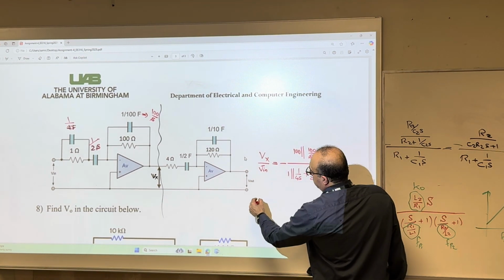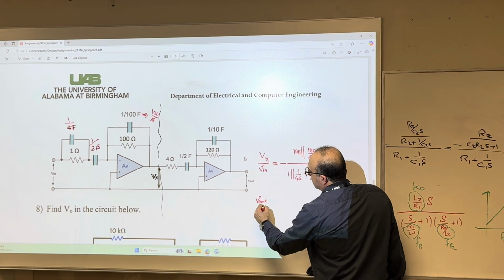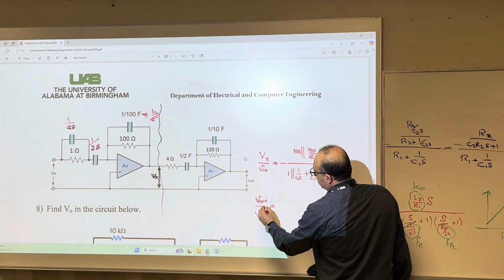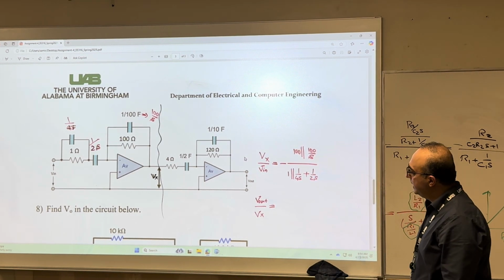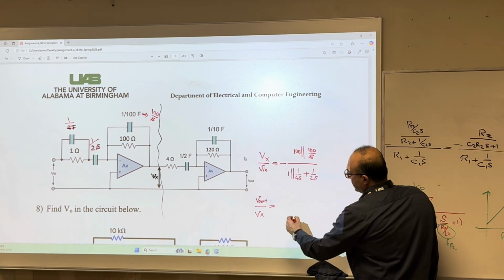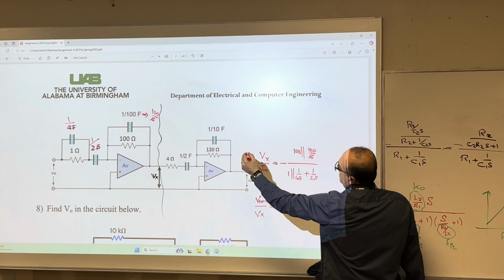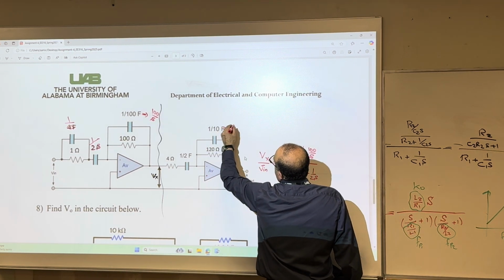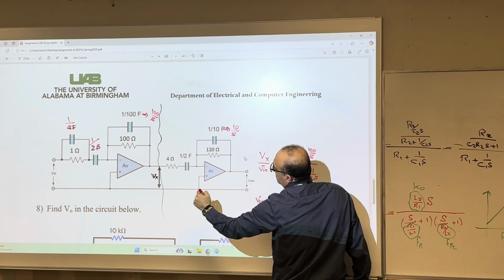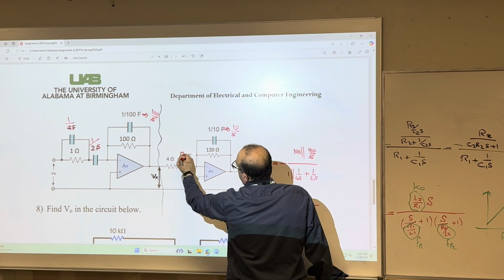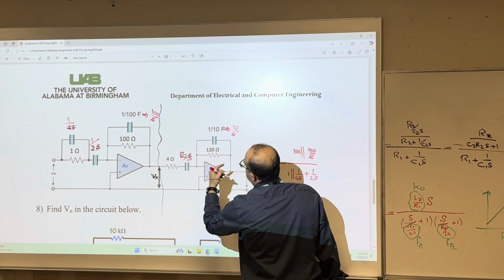Then Vout over Vx is what? Again, another inverting amplifier, negative. The impedance in the top, this is going to be 10 over S, and this is going to be 2 over S this time, and 4.